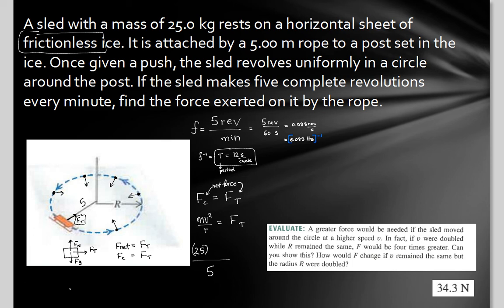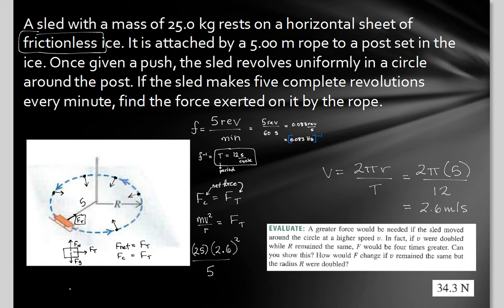So from before, we know that the velocity is 2 pi r over T. So 2 pi times 5 divided by 12. So we get about 2.6 meters per second, which we can sub down here.